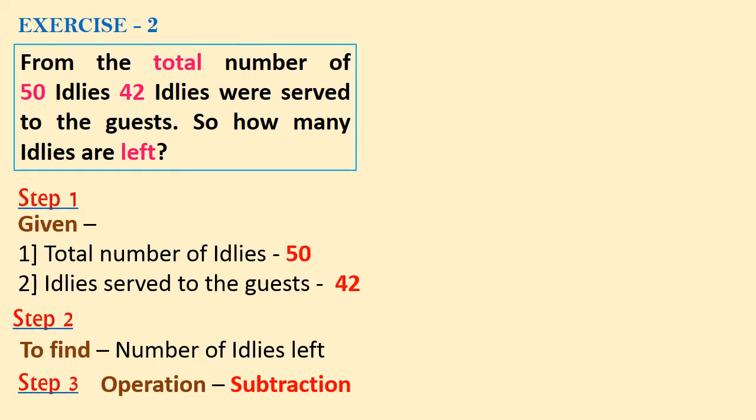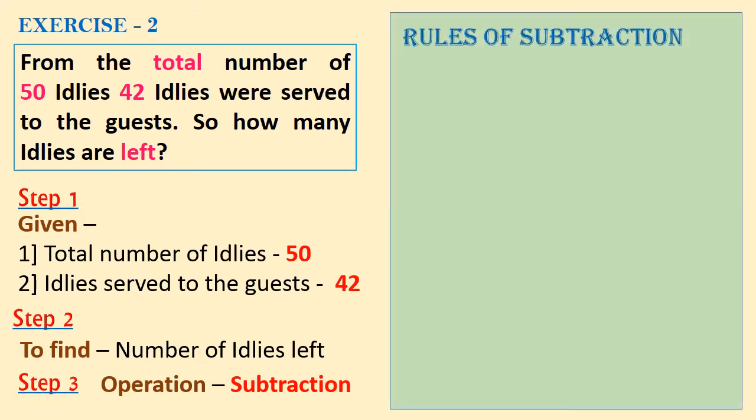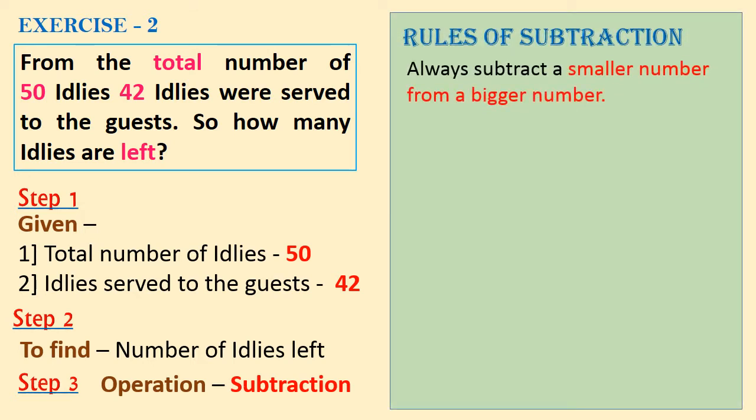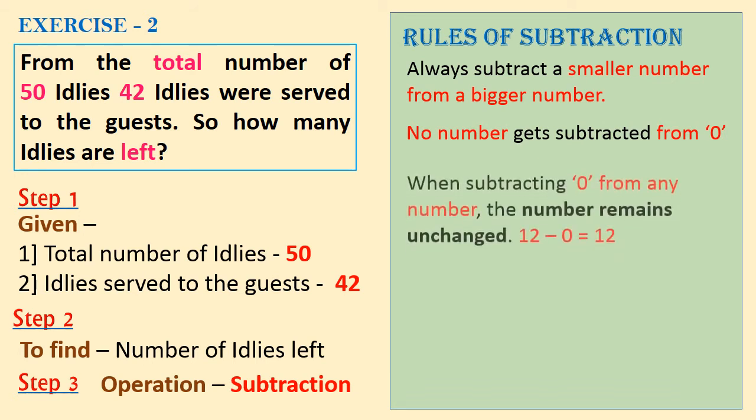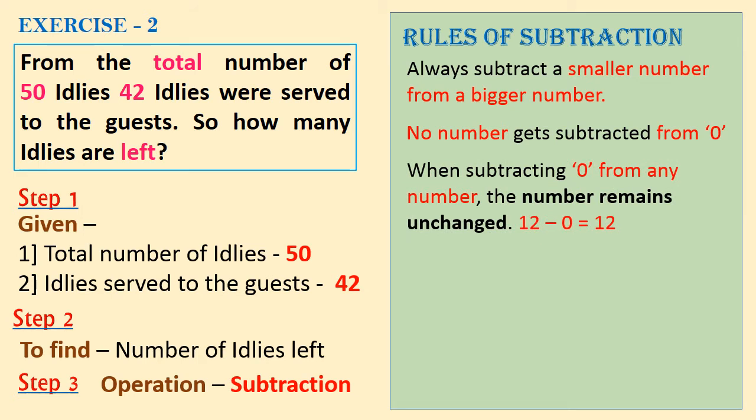Children, before we start the method, let's understand the basic rules of subtraction. Always subtract a smaller number from a bigger number. No number can be subtracted from 0. When subtracting 0 from any number, the number remains unchanged.